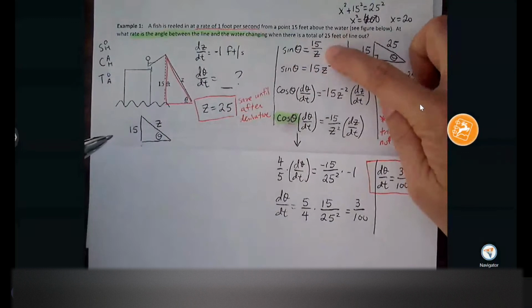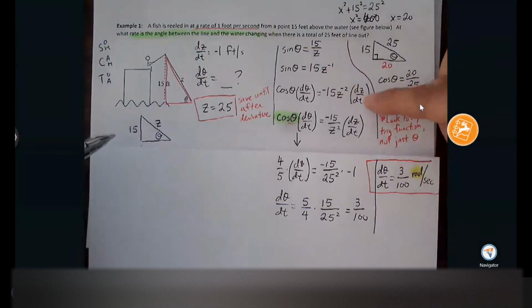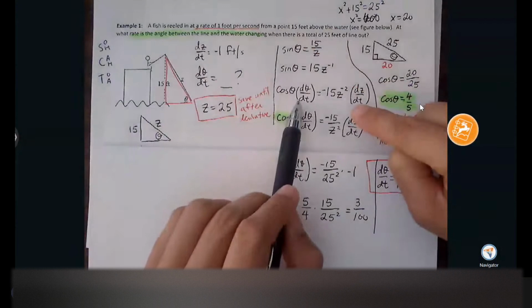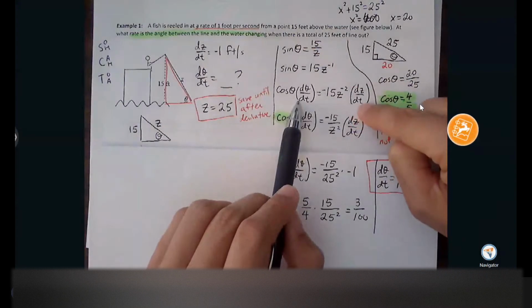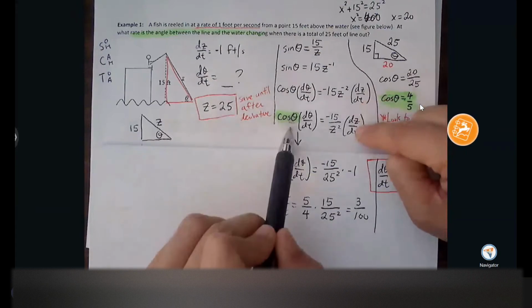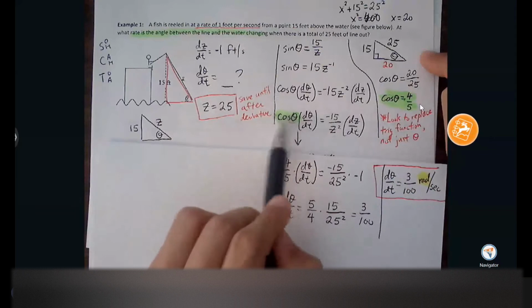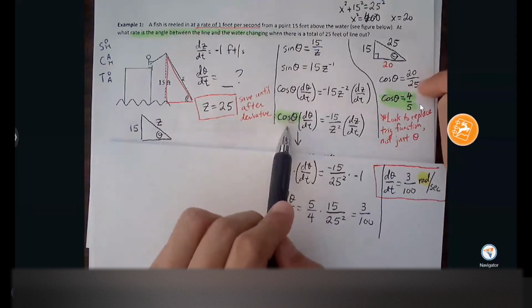After you find that trig function, you're going to set it up, get it ready for derivative. We go through the derivative process. d theta dt will show up. Another d over dt will show up. We look to see what information we can substitute. We're going to create a second triangle to find a substitution for our trig function.